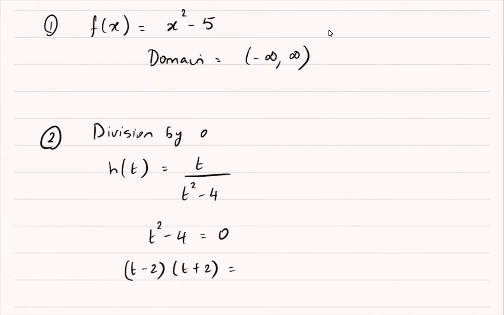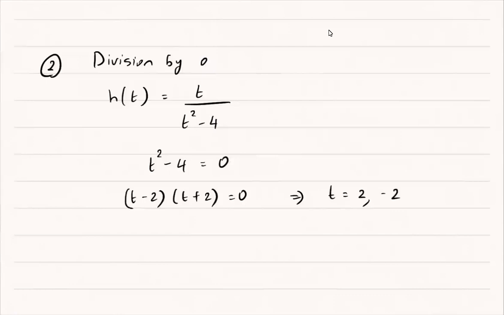There are two factors. That means when t is equal to positive 2 or negative 2, t squared minus 4 can become 0. So this tells me that I cannot allow the input to be either positive 2 or negative 2, because if I do that, my denominator will become 0.